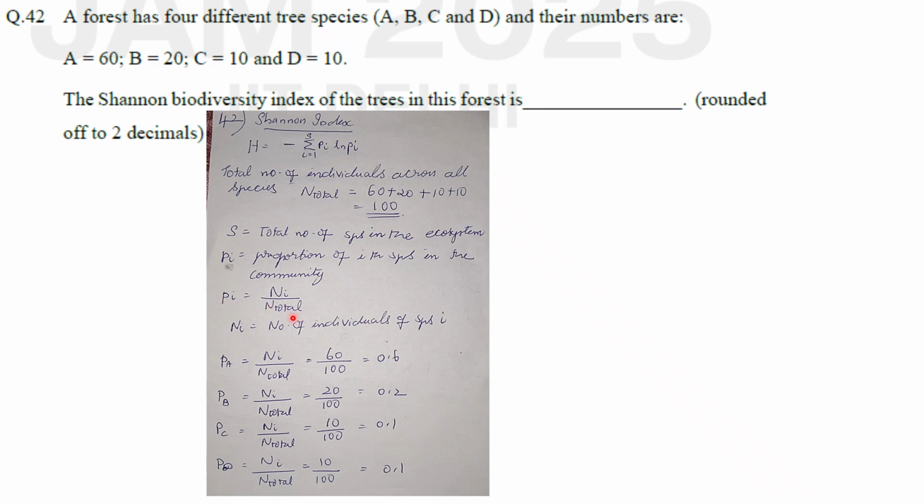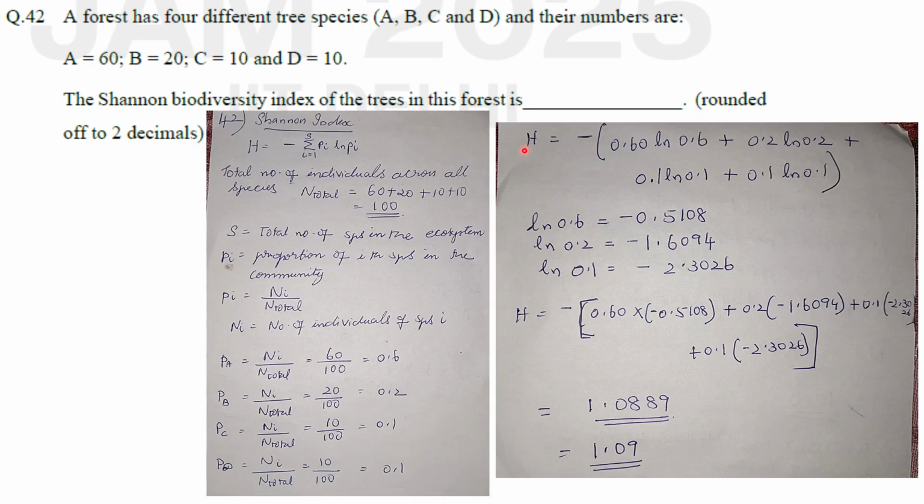Pi is equal to Ni by N total. N total you already know, that is 60 plus 20 plus 10 plus 10, that is 100. Ni is for A it is 60, for B it is 20, C it is 10 and D it is 10. Substitute the values and you will get Pi. Pi is equal to Ni by N total. You will get these values.